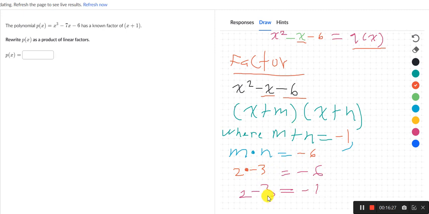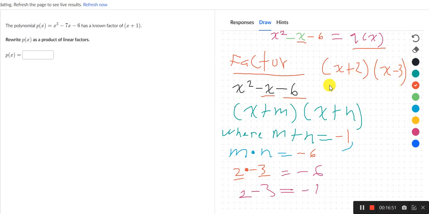And so you just plug in the formula here. So x plus 2 times, remember we have these two numbers, x minus 3.